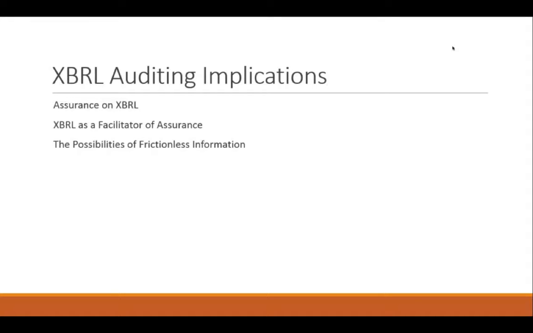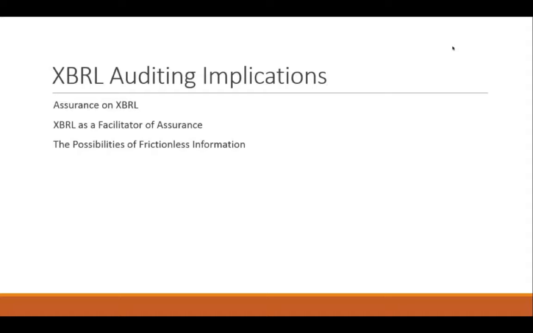Okay, so that's the brief introduction of XBRL as a technology. And then we'll take a look at the auditing issues related to XBRL. The first thing we want to discuss is the assurance on XBRL.